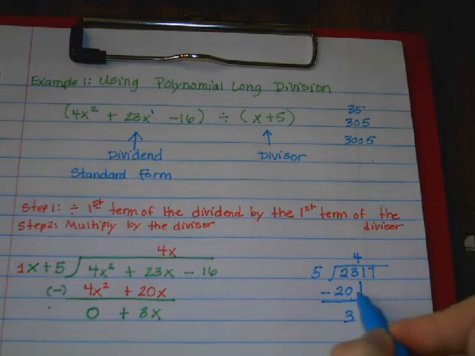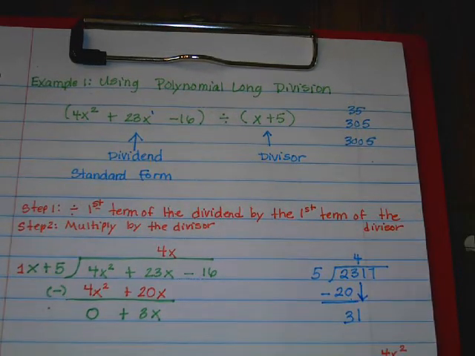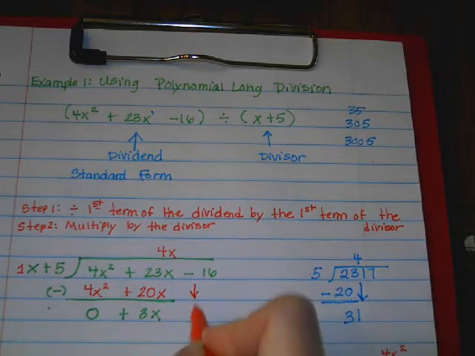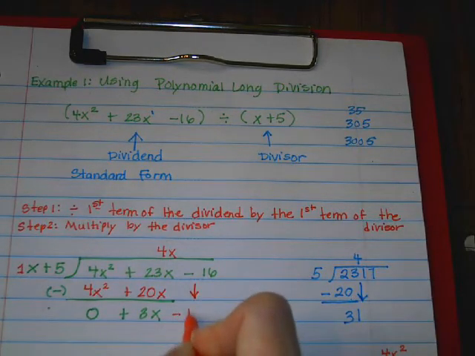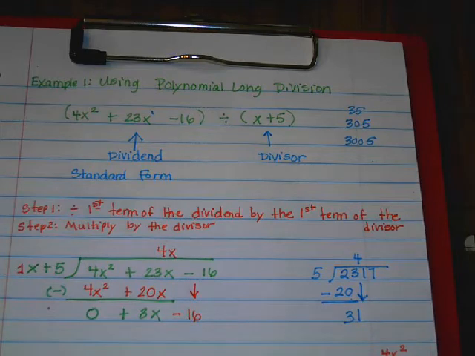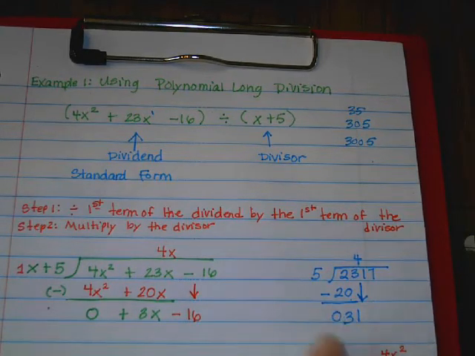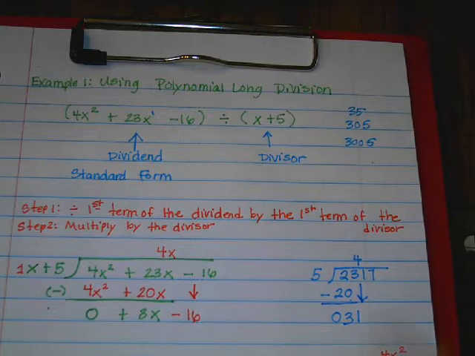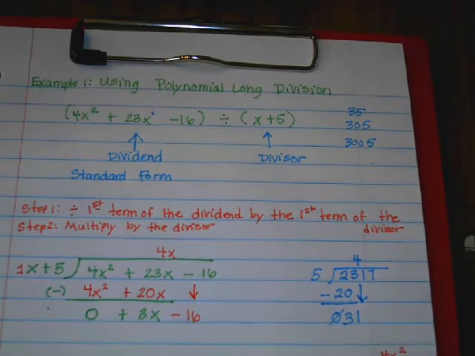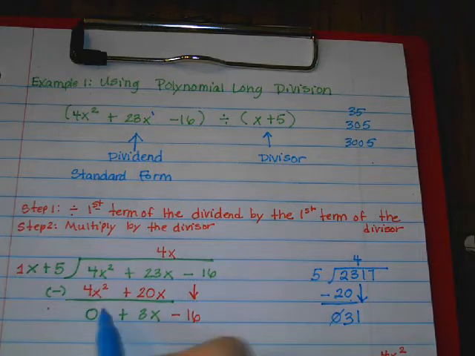We bring down. So bring down the 1. So the same thing is going to hold true in our polynomial division. We will bring down the next term, which is a negative 16. So in normal division, if you would have said 2 minus 2 is 0, do you really need this 0 right here? You're correct. We don't really need that 0 anymore because 0 in front of our values does not mean anything. So I really do not need this 0 either.